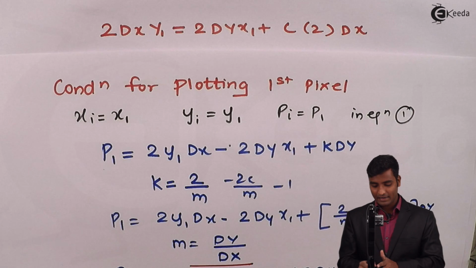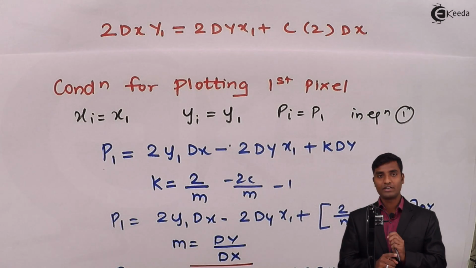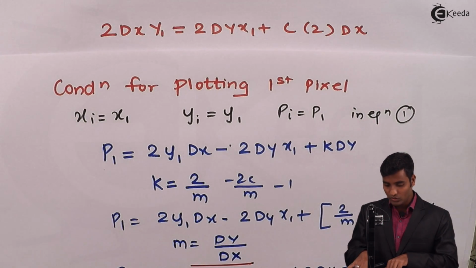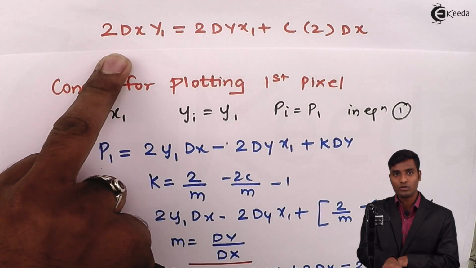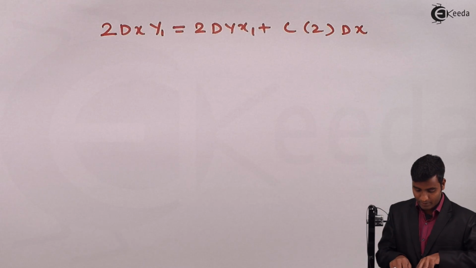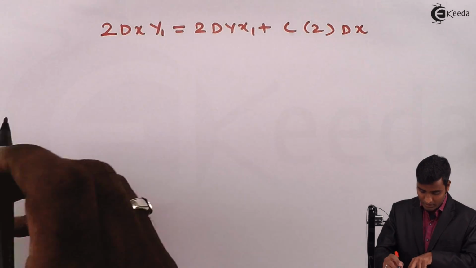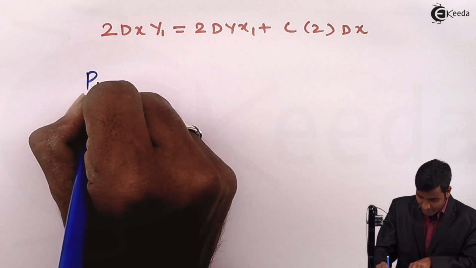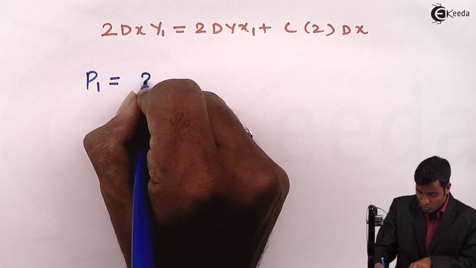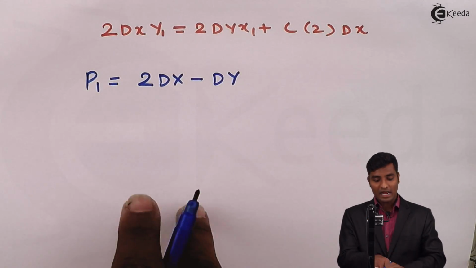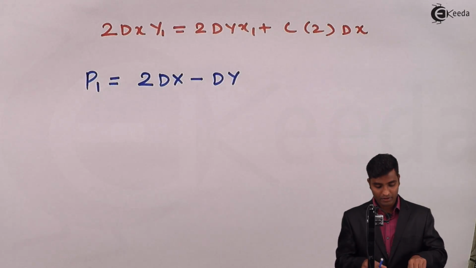I will take the minus sign common, so that the sum will be 2 dy x1 plus 2 c dx. So I am replacing these 2 terms with this single term 2 dx y1. So now it will become P1 equal to 2 dx minus dy. So after calculation I got P1 as 2 dx minus dy.